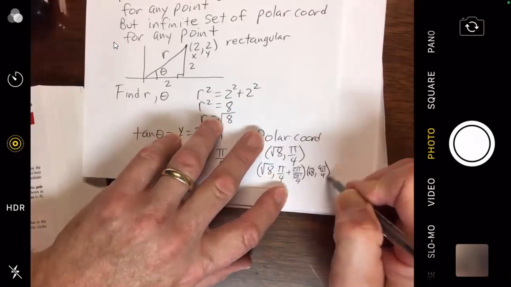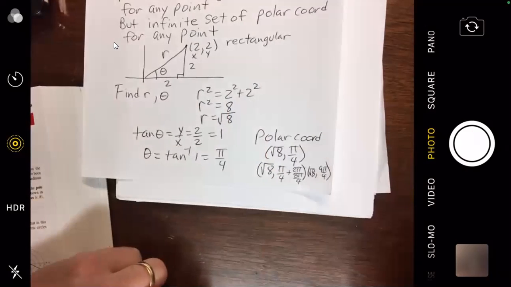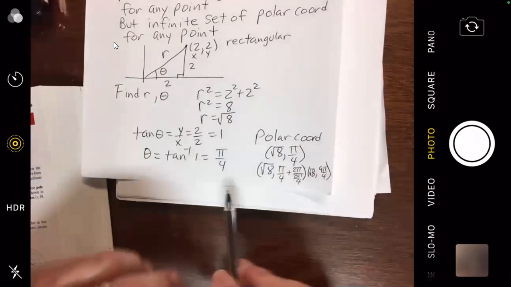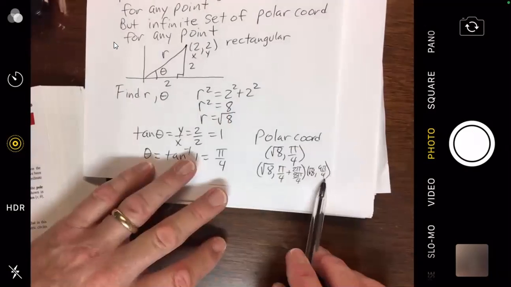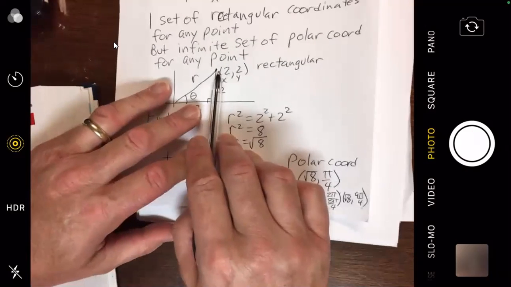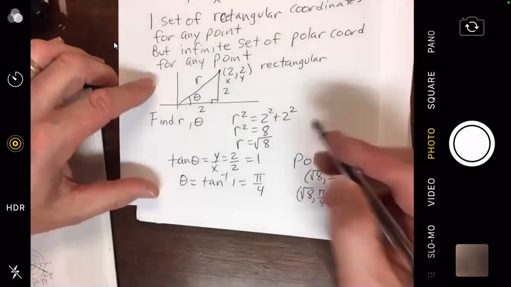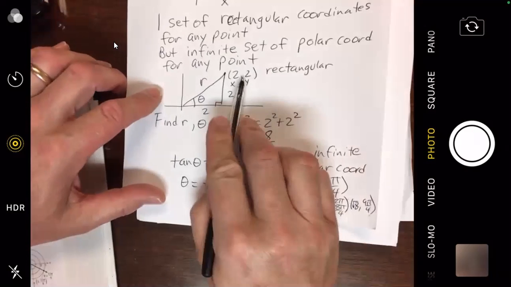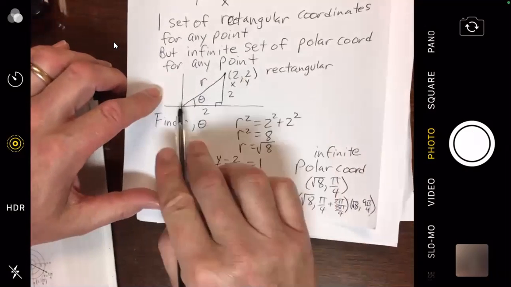And you can keep circling, adding 2 pi to infinity and subtracting 2 pi, getting an infinite number of angles that all refer to that same point. So that's why there's infinite polar coordinates, but only one set of rectangular. It's only over so far, it's only up so far, and that's it.